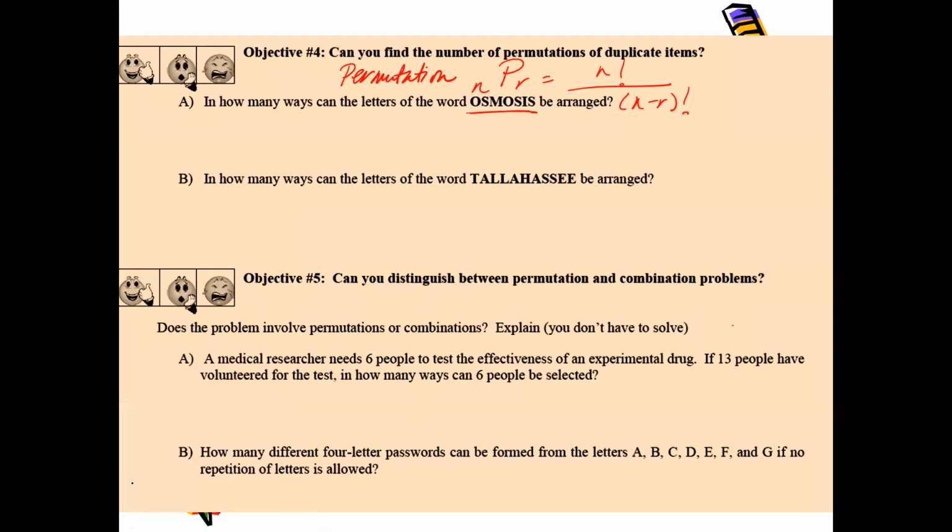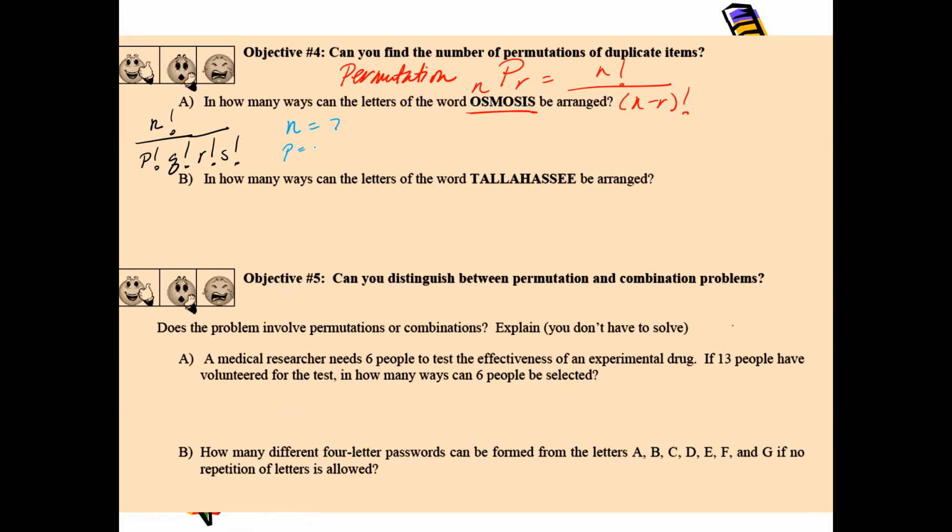I think when we did the one with Mississippi, it was N factorial over P factorial, Q factorial, R factorial, S factorial, just depending on how many times a letter is repeated. So looking at osmosis, how many letters are there in all? 1, 2, 3, 4, 5, 6, 7. So 7 is my N.